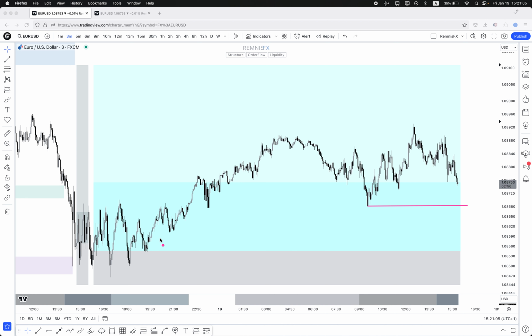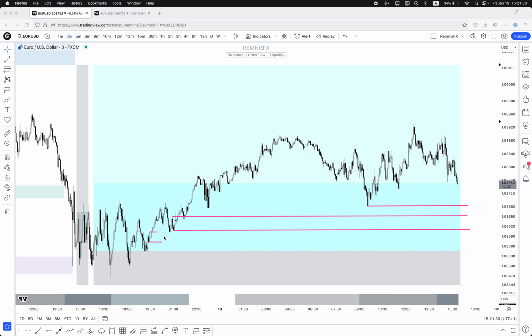here, where is that? This one was, yeah, but this may also be an area where price may or may not react from, because I believe here the fair value gap is filled.